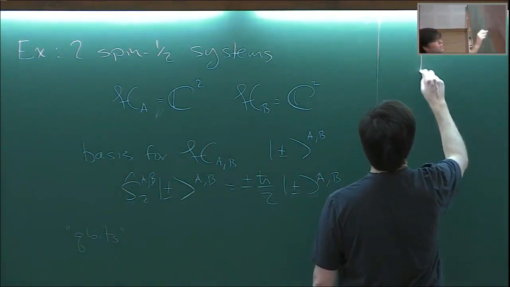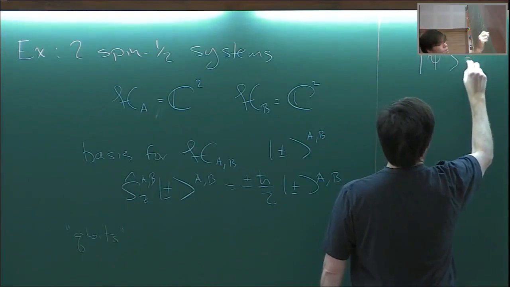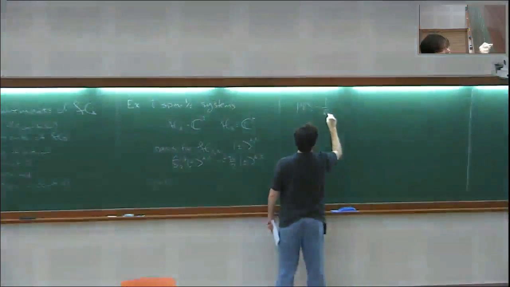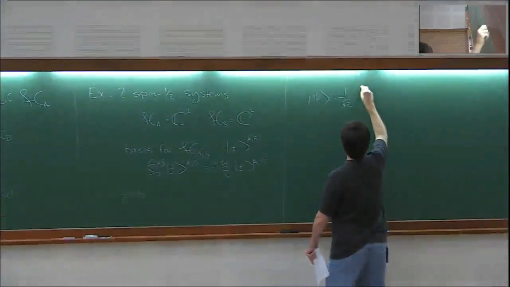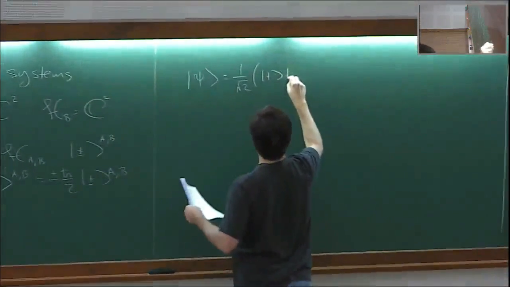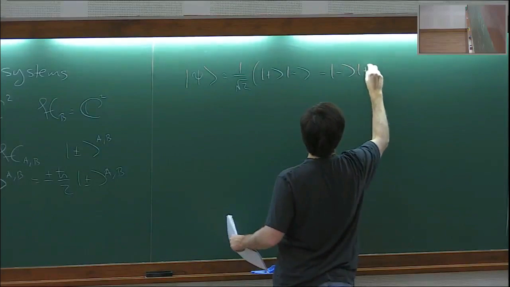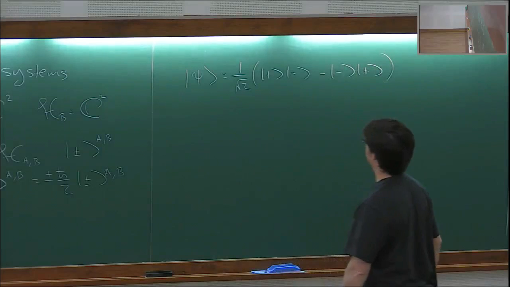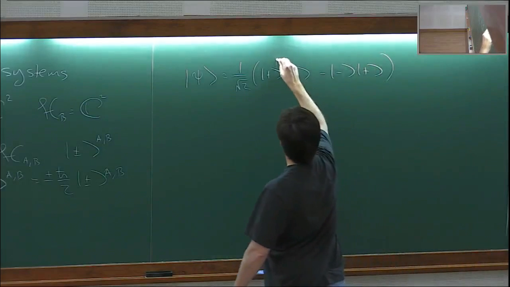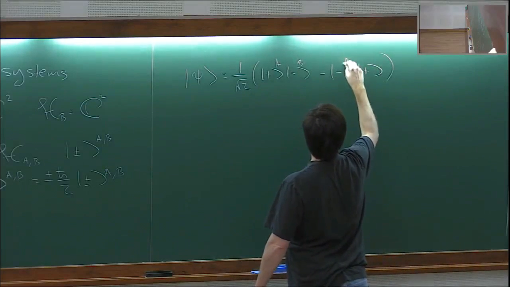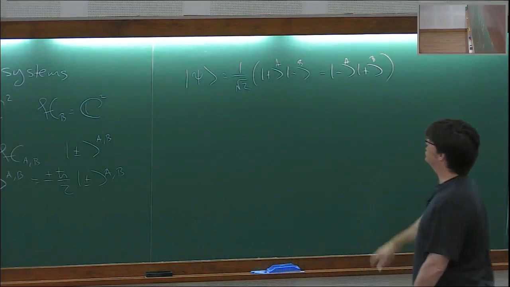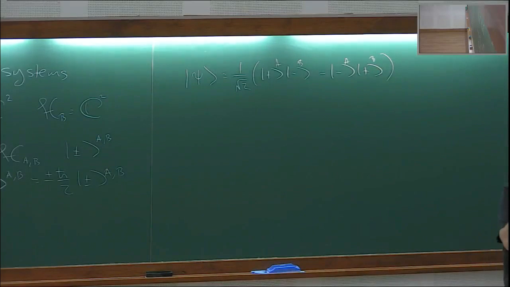And so, the following state in the full Hilbert space. There are a number of states like this, but I can choose this state, which among other things is the state in this Hilbert space with total spin 0.